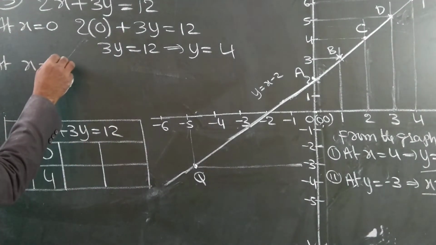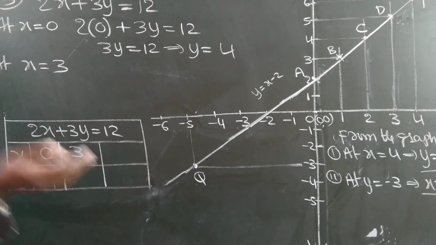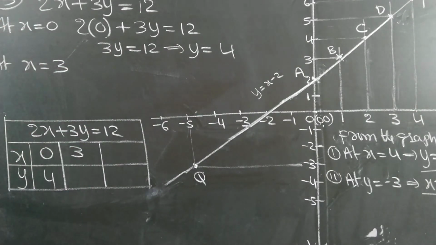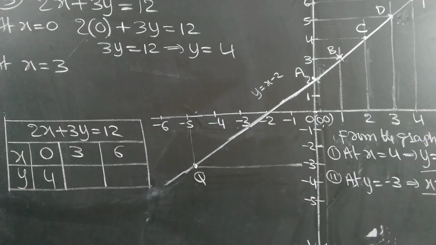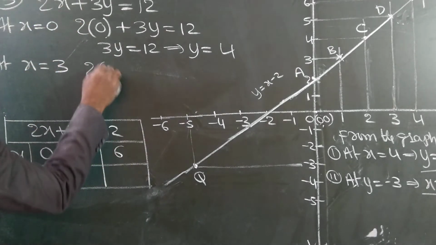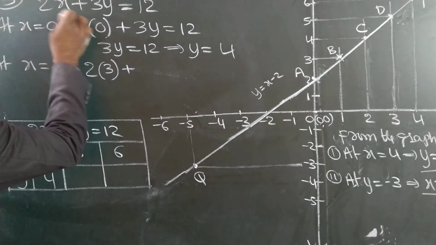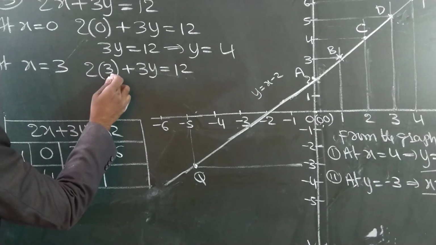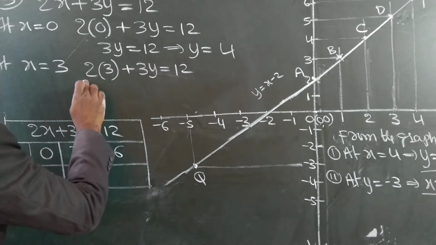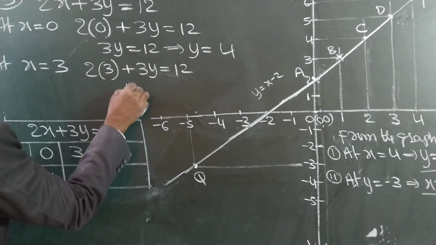Take x is equal to 3. Many times I told, any numbers you can take. Take x is equal to 6, you won't get fractions. So take x is equal to 3. See here. 2 into 3 plus 3y is equal to 12. 2 3 is 6. 12 minus 6 is 6.